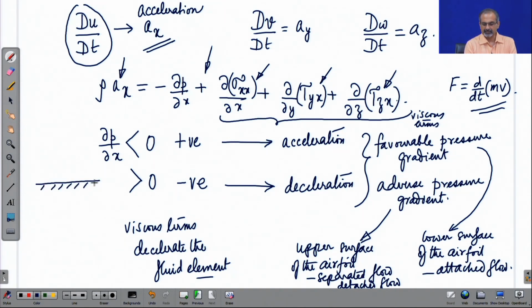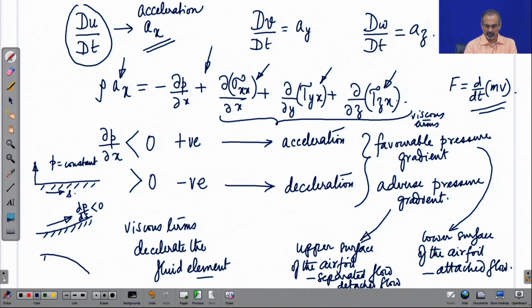Usually for low speed flows, you have a guideline. If it is a flat surface, that means as you move along the surface, there is no change in geometry. That means the wall does not move into the flow or away from it. The pressure remains constant, while if it slopes up for low speed flows, a sloping up of the surface would lead to dP/ds less than 0, that means a favorable pressure gradient.